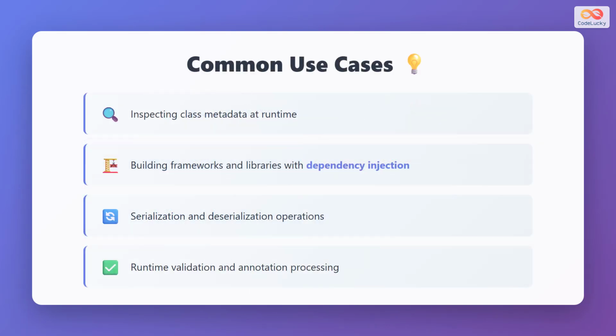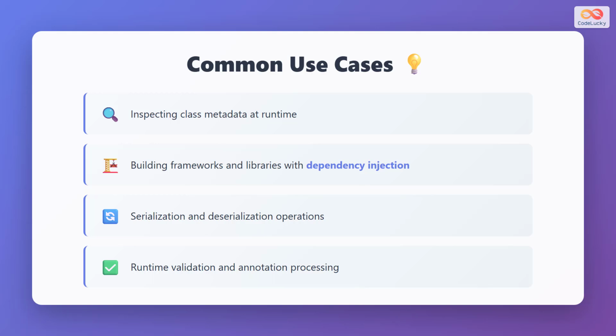KClass and class references have several practical applications in real-world development. First, they enable inspecting class metadata at runtime, which is essential for debugging and tooling. Second, they're fundamental for building frameworks and libraries that use dependency injection, where classes need to be instantiated and wired together dynamically.